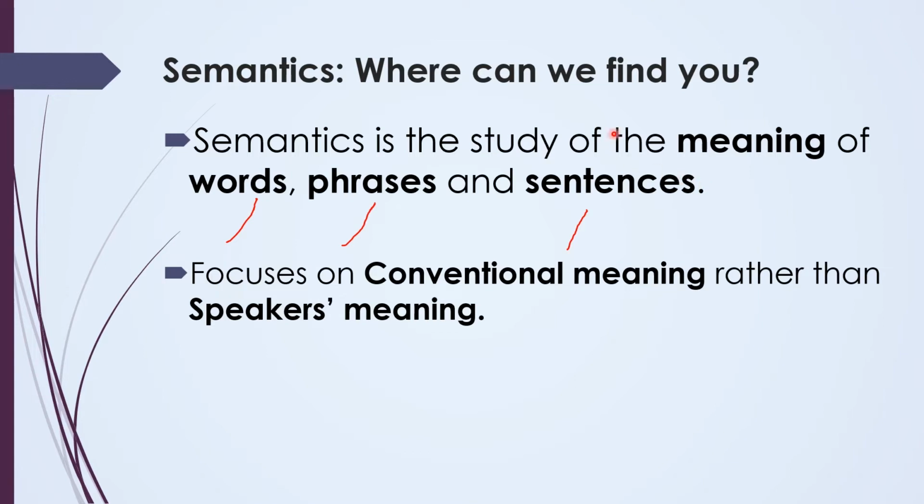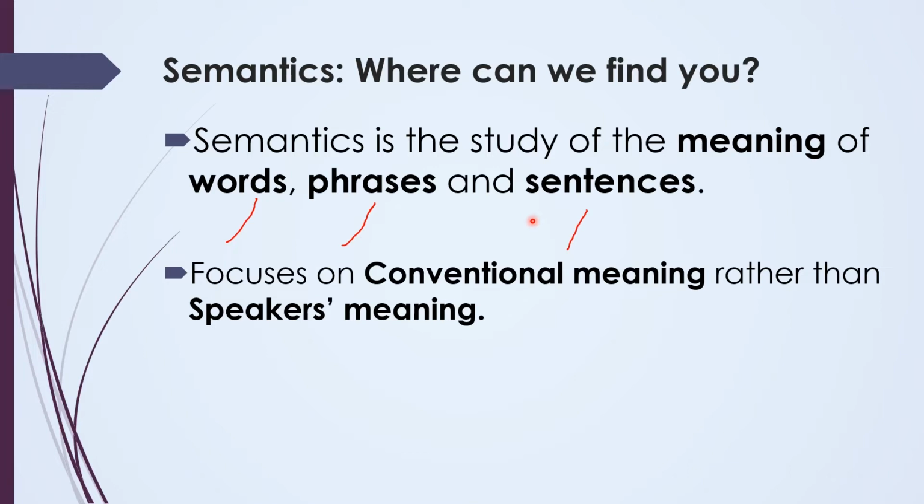Under semantics, we will study any particular word and its meaning, and that word or words can grow into phrases or even sentences, and we will try to identify the meaning of those.